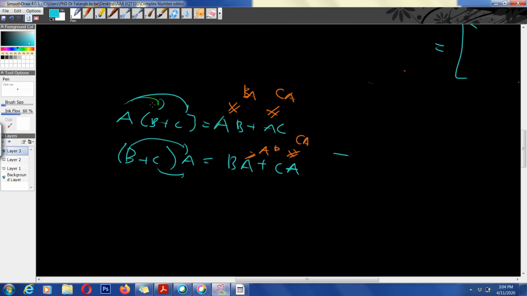You need to remember that ab is not equal to ba. If you have b multiplied to a, you get ba, and c multiplied to a, you get ca. You need to remember this position is not equal to ab and not equal to ca. If you put the wrong position, it is totally wrong.